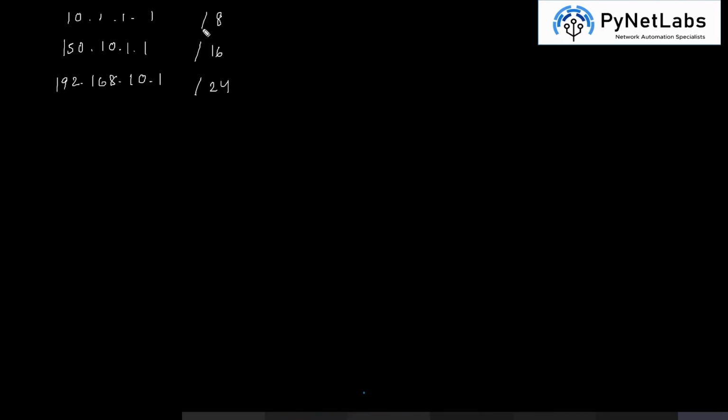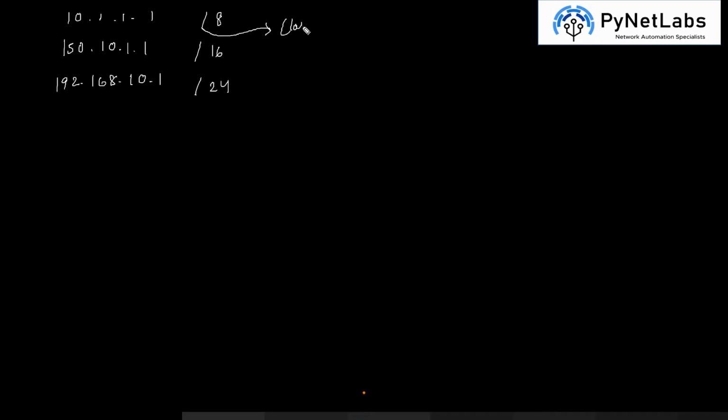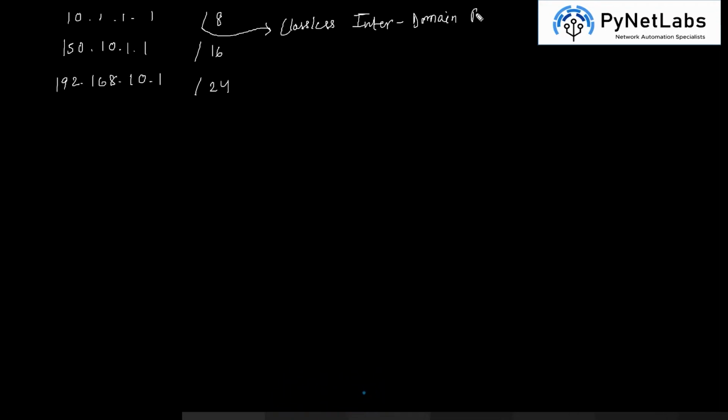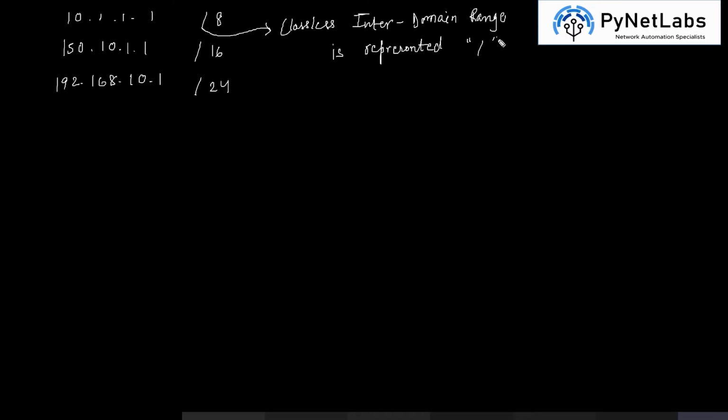Now this slash is known as classless inter-domain routing. It is represented with a slash. So instead of using the whole name, you can just simply put a slash and write the network bits of the IP address, which are 8 for class A, 16 for class B, then 24 for class C.